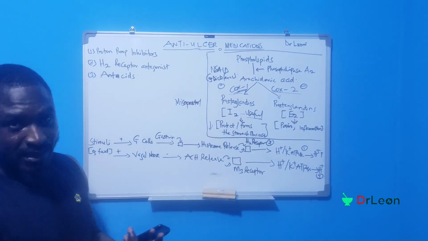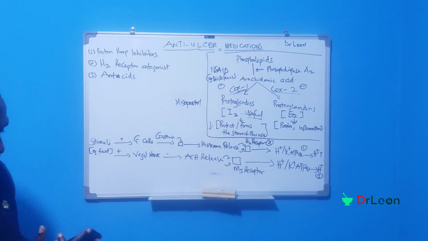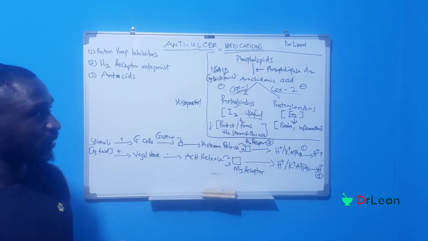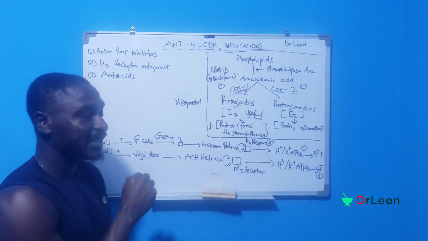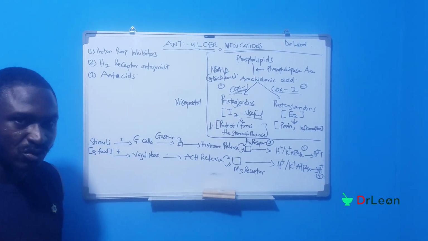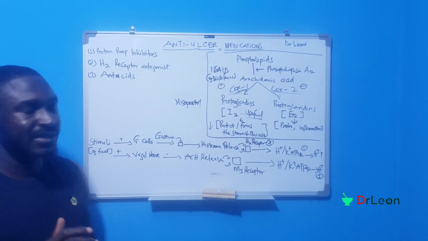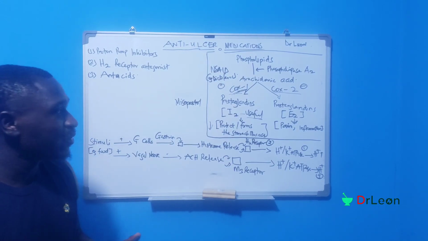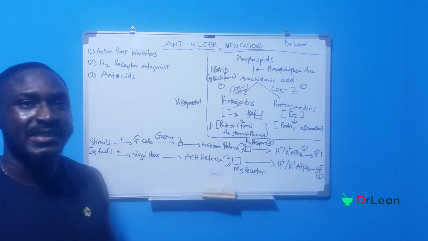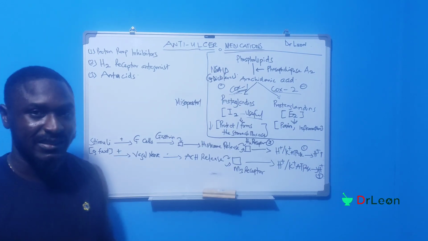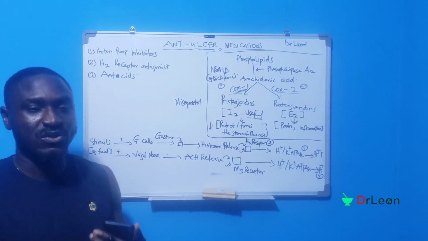I know what you are thinking, but misoprostol actually has a use in ulcer, especially NSAID-induced ulcer, which is a result of NSAID. So misoprostol is a synthetic form of prostaglandin. Synthetic means that we humans have actually made it.